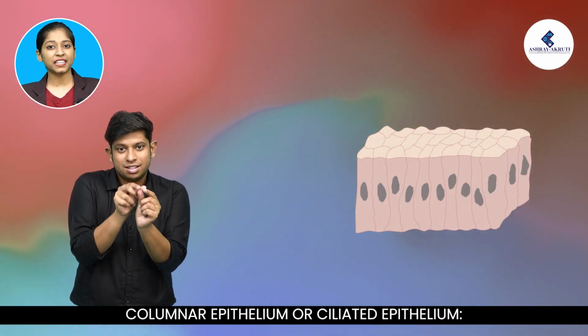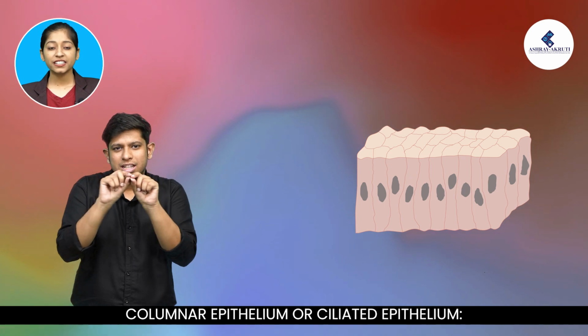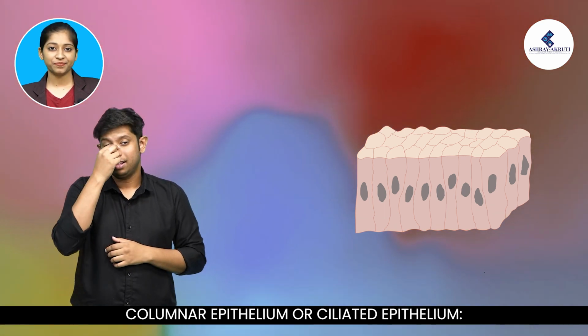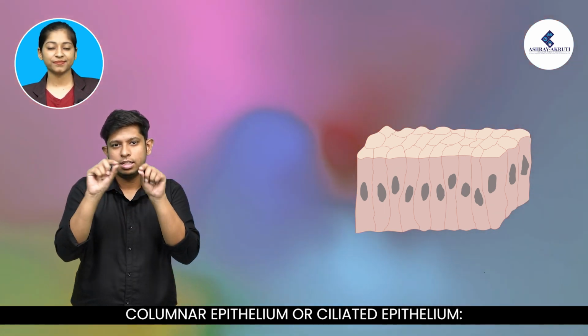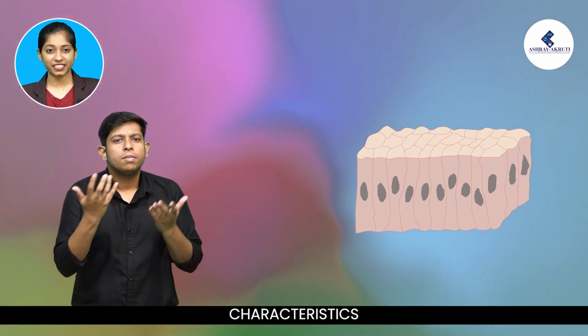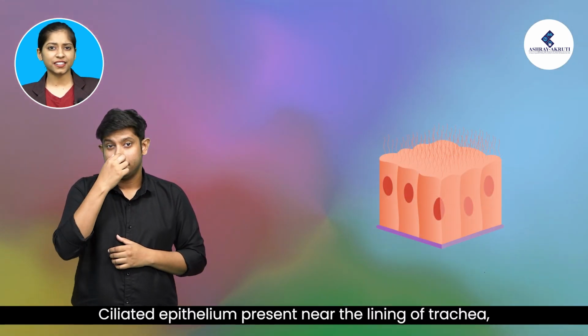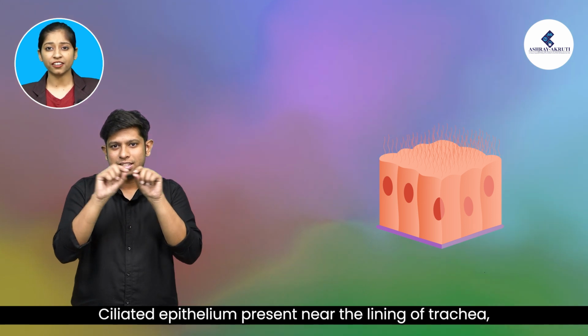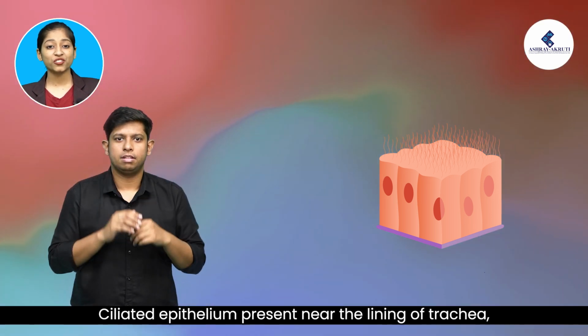Columnar epithelium or ciliated epithelium. Characteristics: ciliated epithelium present near the lining of trachea.